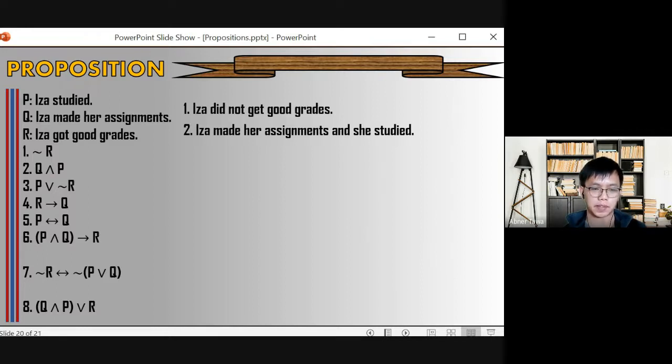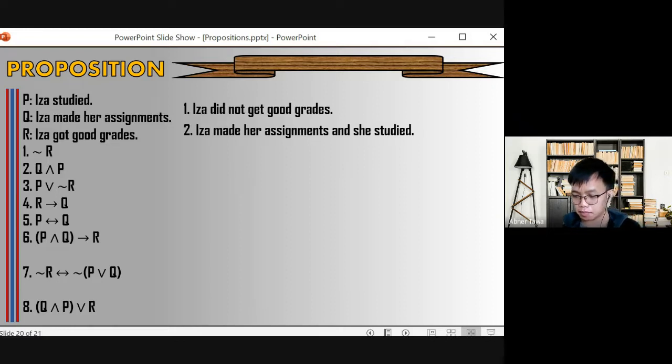The number 3, Miss Sandy. And then internet connection is strong. Pwede rin po, palitan lang po natin. So it's still the same. Depende lang din po yung pag-represent. Miss Sandy, number 3.